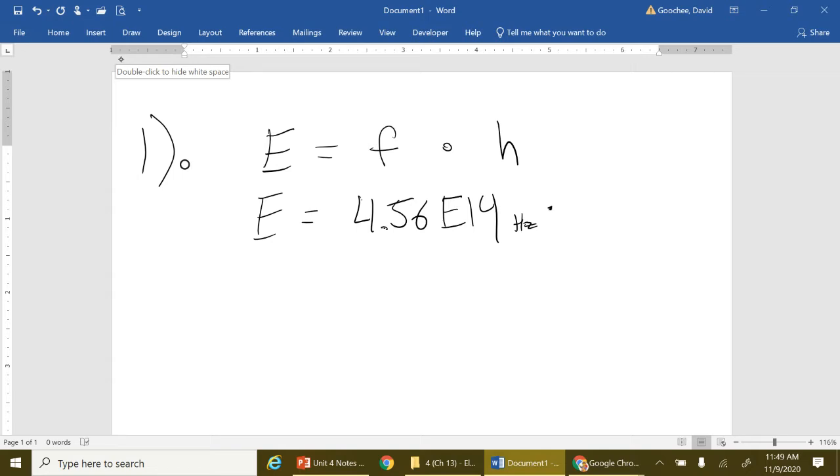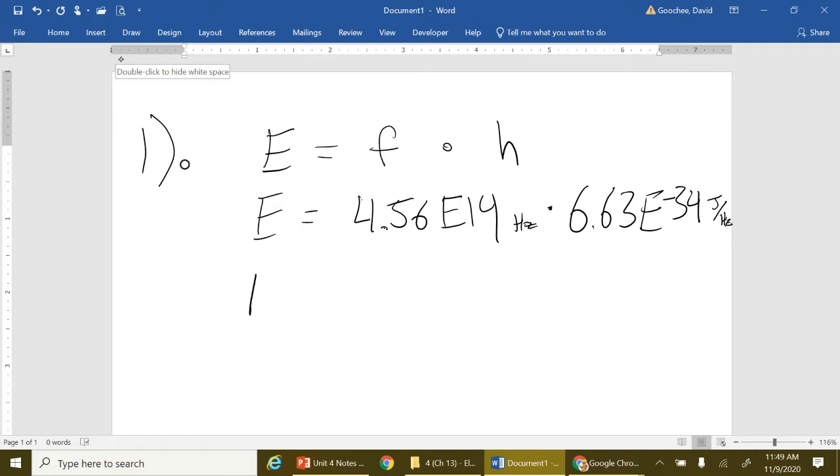And we're going to multiply this by Planck's constant, which is 6.63 times 10 to the negative 34th joules per hertz. This is a really small number, guys, because it's a small amount of energy, how much energy is contained in just a single little burst of radiation released by a moving electron.